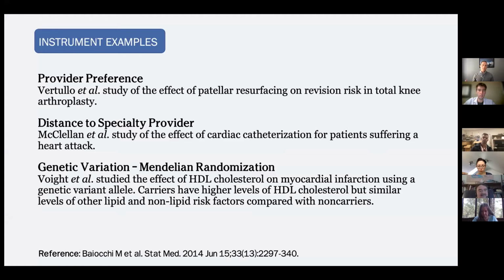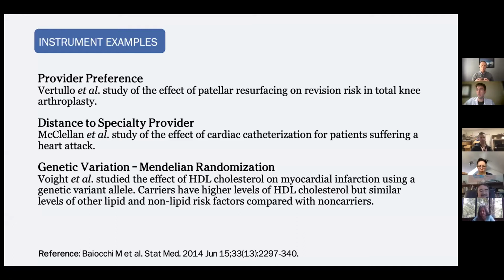Now, there are a bunch of different examples of instruments. The provider preference, which Kanu used in his study, is a very common one, and common in the sense that instrumental variables are seen as a bit of a unicorn. They're hard to find, but if you're going to find one, provider preference often is one instrumental variable that people use. Another one is the distance from a specialty provider.